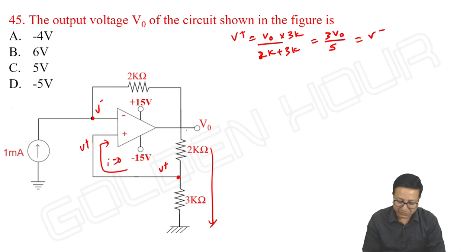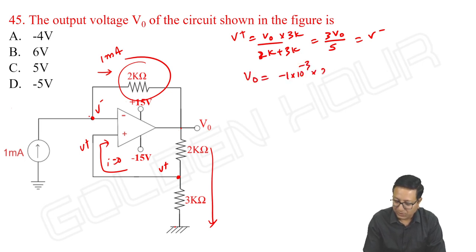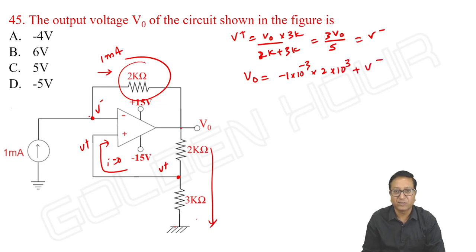And what about V output? V output is equal to the voltage across the feedback path plus the voltage at this point with respect to ground. What is the current flowing here? It is 1 milliampere. So V output is equal to minus 1 milliampere into 2 kilo ohm plus V minus.